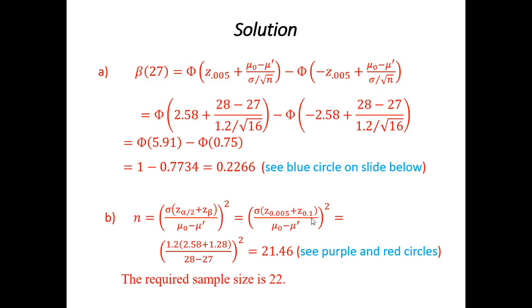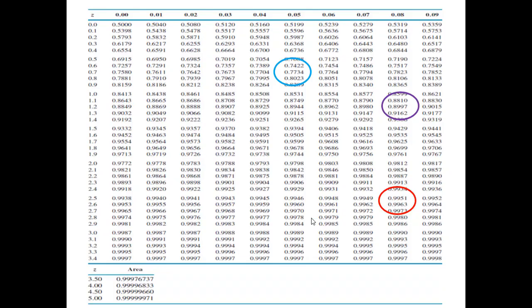So let's think about that. 0.1, well, if we have an area of 0.1 in the right tail, then we would have an area of 0.90 to the left. So I have to use this table and get as close as we can to 0.90.